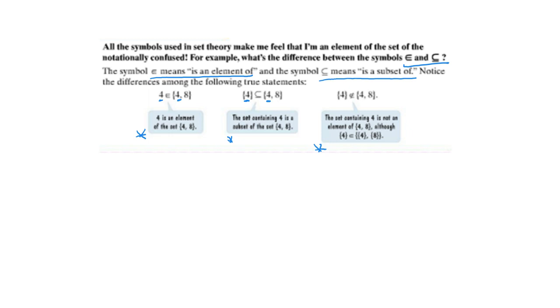If you want to consider it to be an element of, it would actually have to be rewritten as the first set contained inside the second set. Then we can say it's an element.